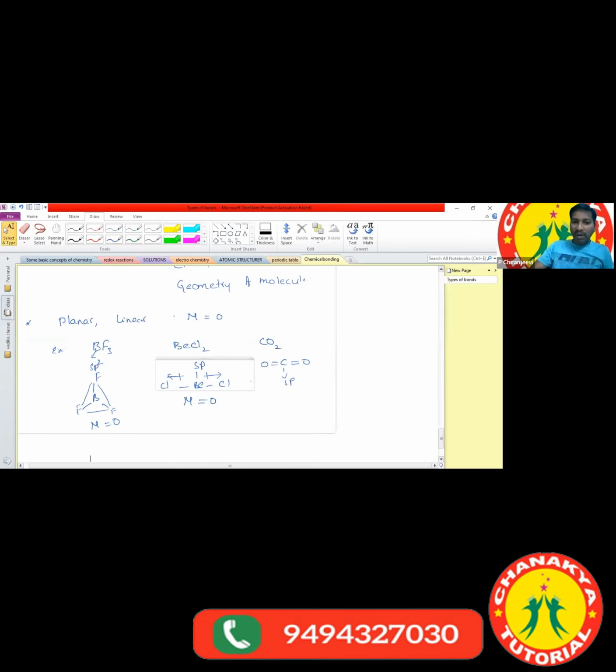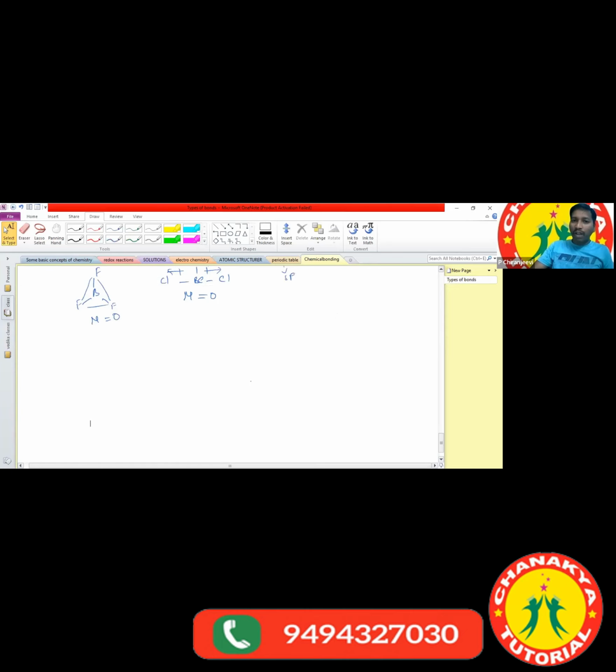And what is the second statement I am giving here? Based on the dipole moment, we can say whether the given molecule exhibits a cis isomer or a trans isomer. Where did you study about cis isomer and trans isomer?